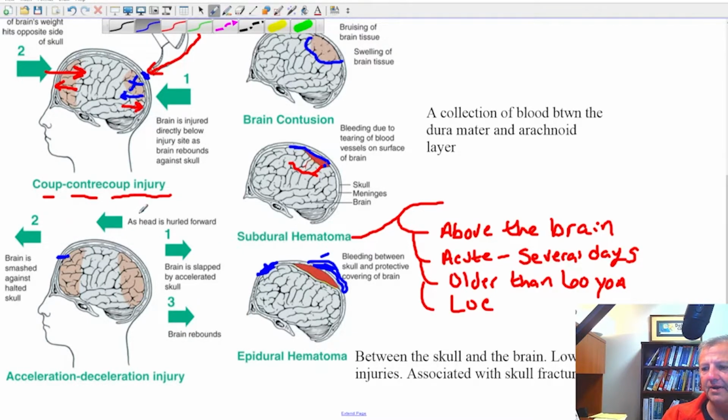I've said it before, but it does not tolerate any other fluid that's not already there, right? And think about it, we do have fluid already here. We have CSF, cerebrospinal fluid in here, right? That's in its appropriate place.